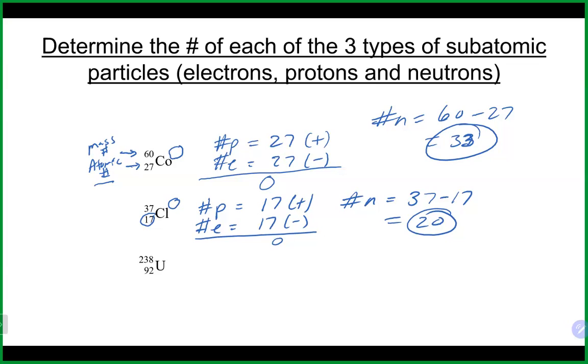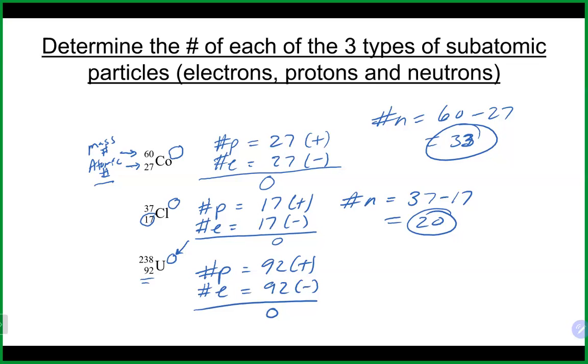Coming down here, U is uranium. It's on the bottom. We don't deal too much with it. It is radioactive, but that is what that means. Again, we see no charge. We will again look to the atomic number here to give us our number of protons, which will be 92. And using our same logic as for the others, since there is no charge, we will need a matching number of electrons to give us an overall charge of 0.